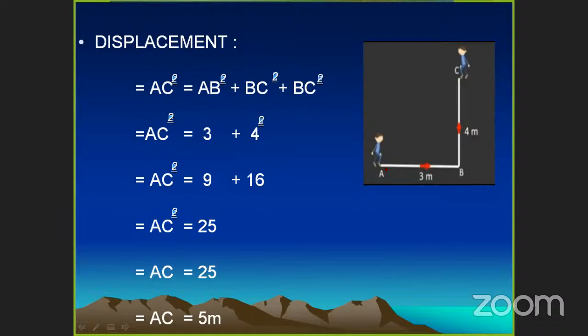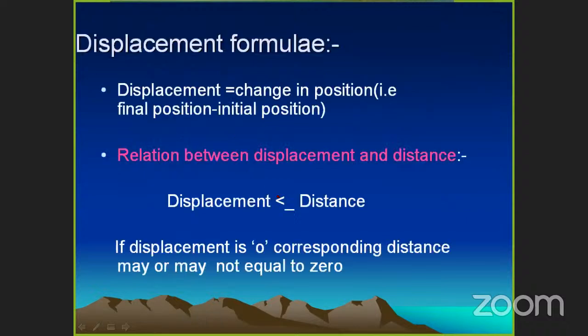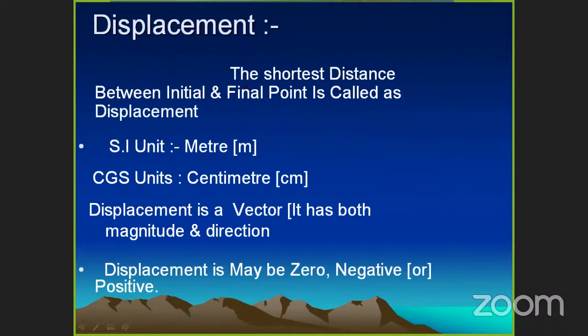But displacement of the boy means the initial point to the final point. The shortest length between the initial and final point is known as displacement. Same as distance, the SI unit of displacement is meter, and the CGS unit of displacement is centimeter.